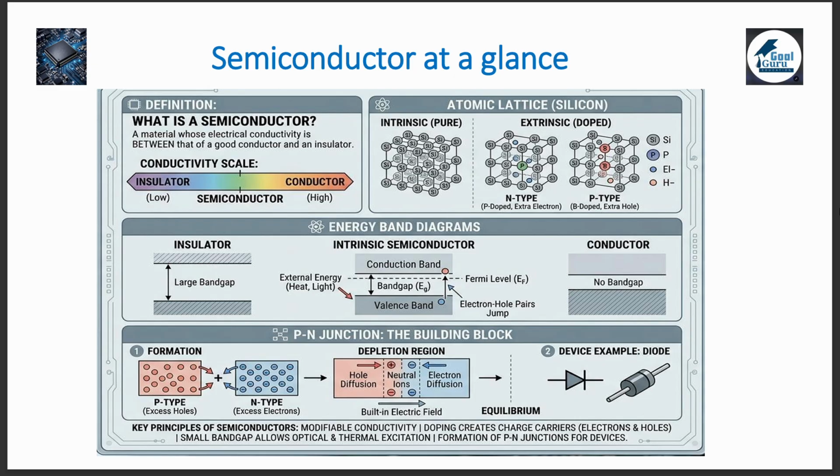We have also seen the energy bands. For insulator, the band gap is very large. For conductor, it is overlapping. But for semiconductor, the band gap is very, very small. We have also seen today how the PN junction is formed, what happens when P and N materials are joined.